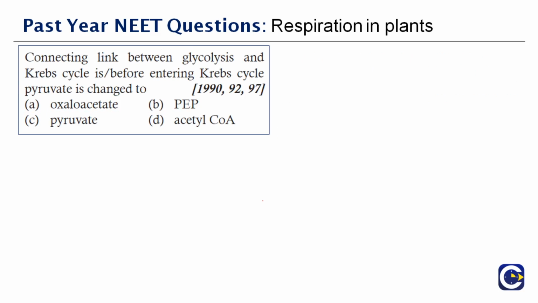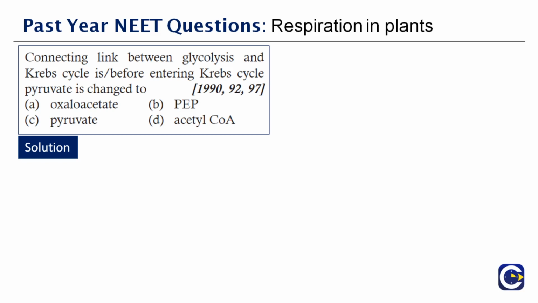Next question here, which was asked in the year 1990, repeated in 92 and again in 97. Connecting link. They're talking about the connecting link between glycolysis and Krebs cycle. Before entering Krebs cycle, pyruvate is changed to dash. We all know the end product of glycolysis is pyruvate, right?